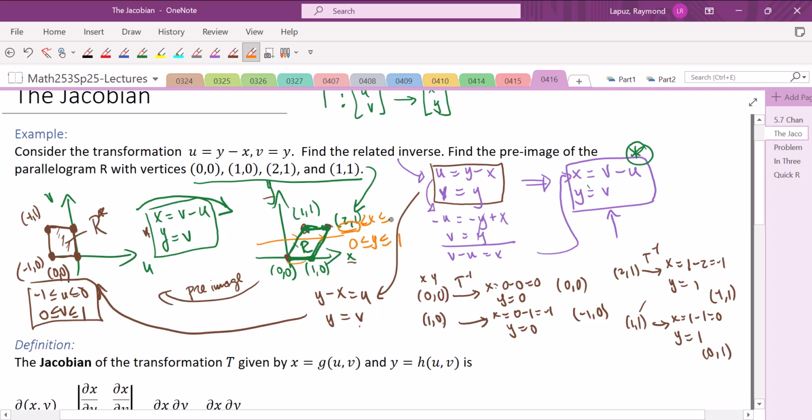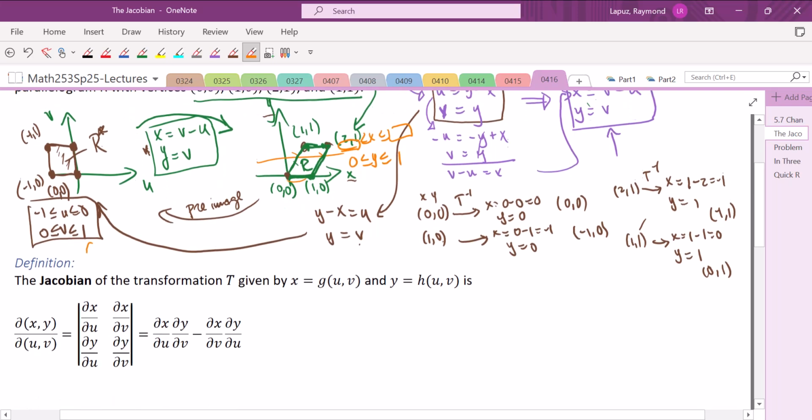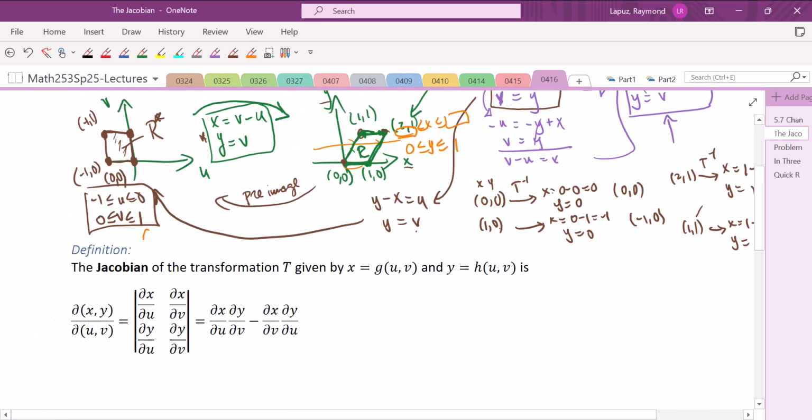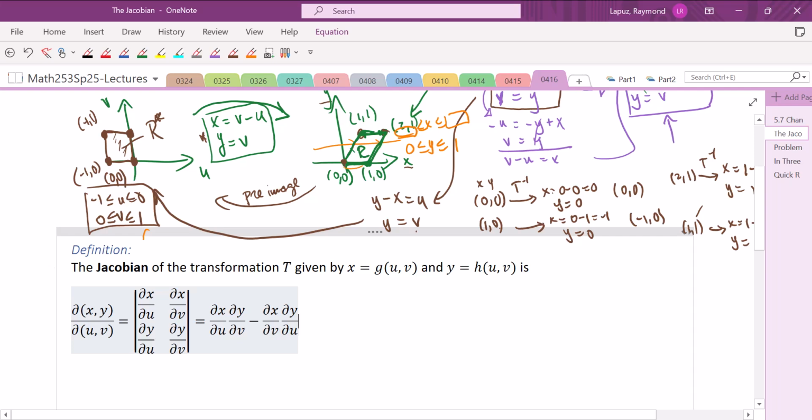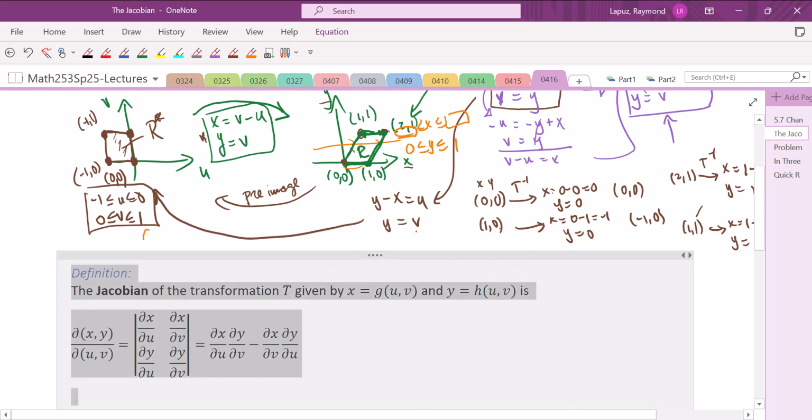Figuring out those lines would be not difficult, but more tedious than if you had constant limits, for sure. So I don't know if that's really the motivation for doing this change of variables, to have an easier set of limits to integrate over.